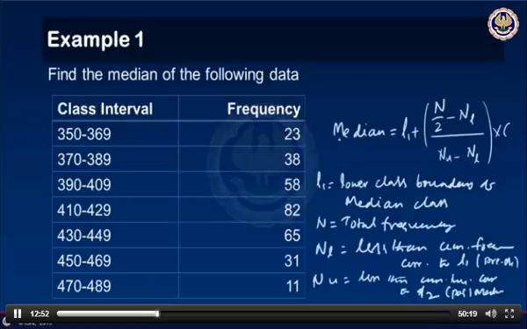And we all know that C is the length of the median class, which is L2 minus L1.